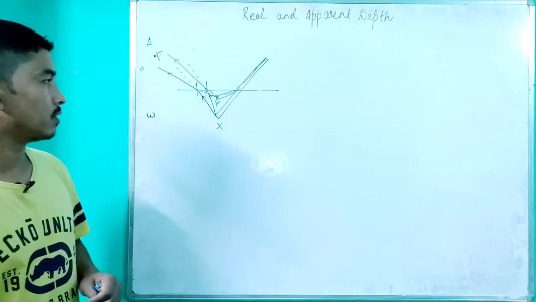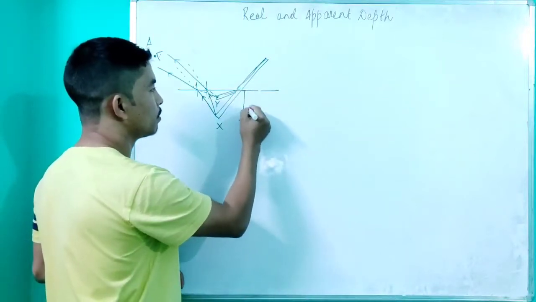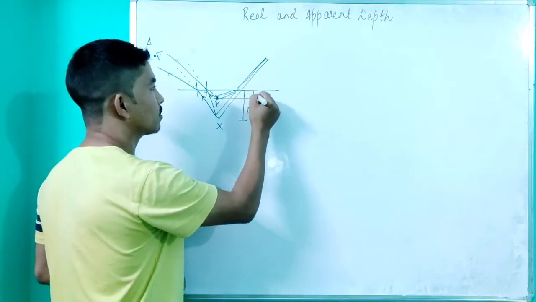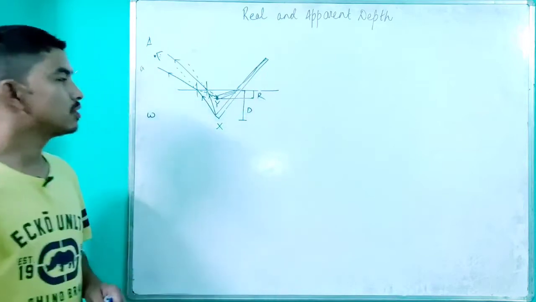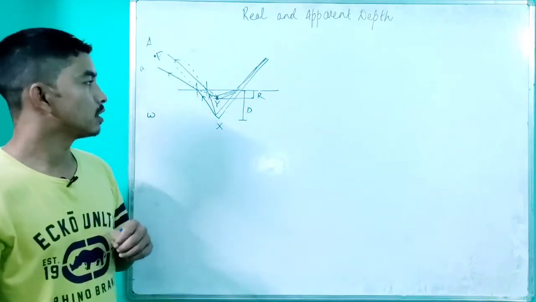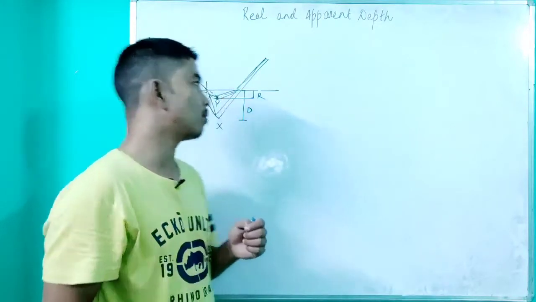So the stick appears to bend when viewed from the air towards the water. This is the real depth, given by d, and the apparent depth is at the depth x, given by r. This is why the stick appears to bend, and why whenever something is viewed under water, it appears to rise upward.